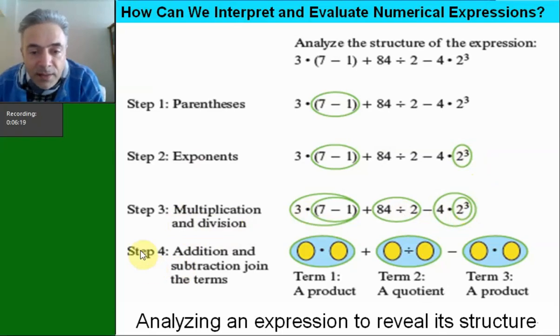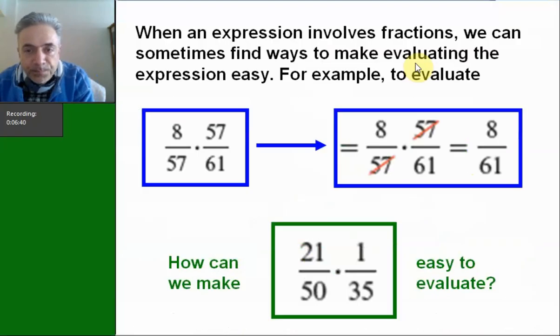And the last step in this case would be addition and subtraction. So we have an addition here and a subtraction here. So we have 1, 2, 3 terms because they are divided by addition and subtraction. So this is the structure of this whole expression.